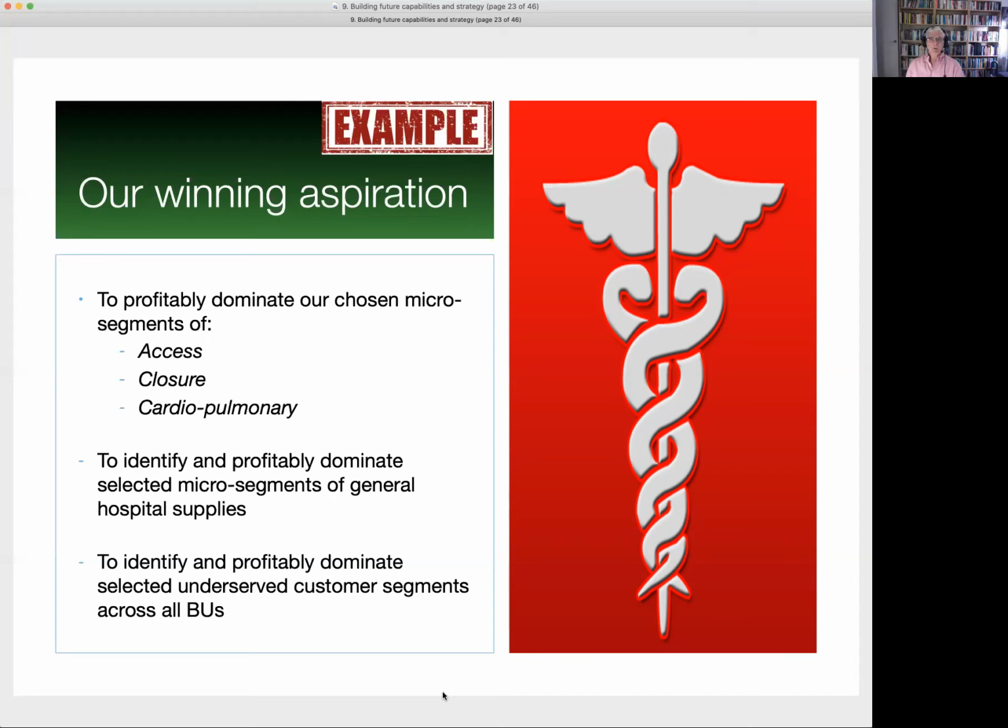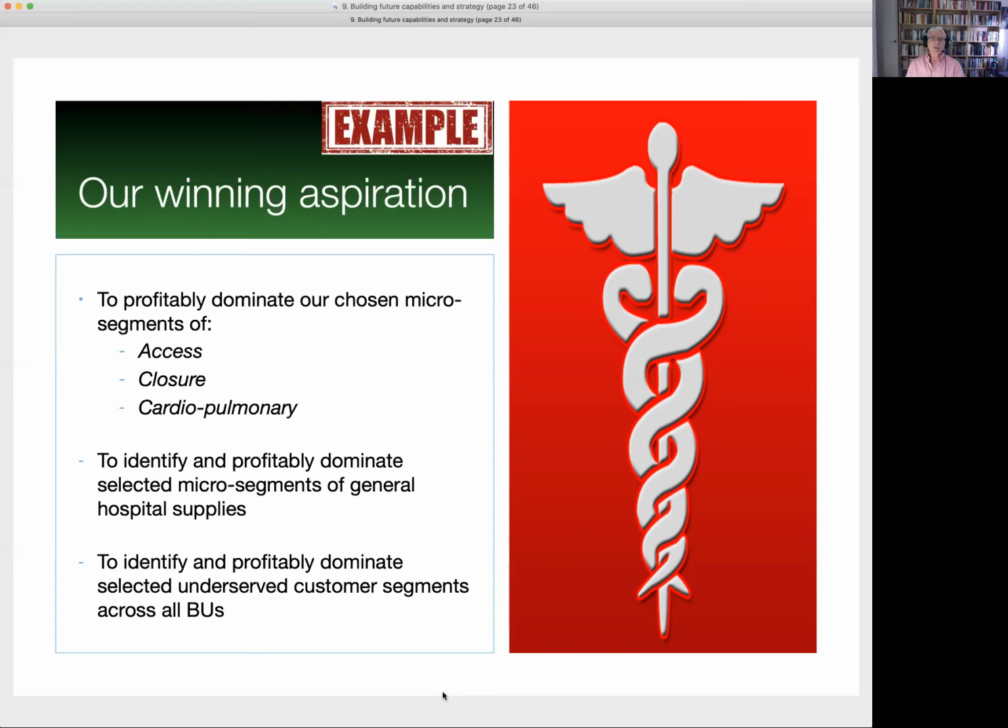Closure, which is what you do to close it up and secure the wound. Or cardiopulmonary, anything to do with the circulation of blood through the body, the link with the heart and the veins and the arteries.